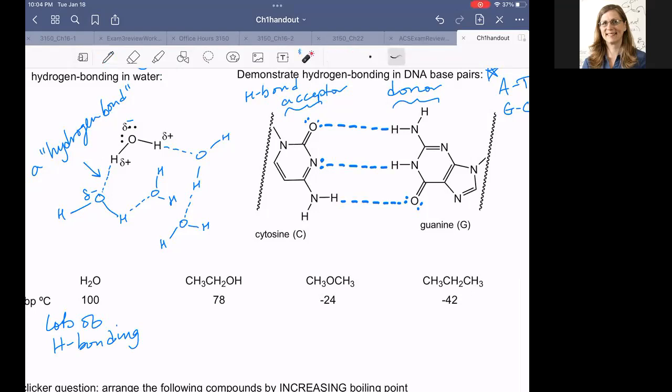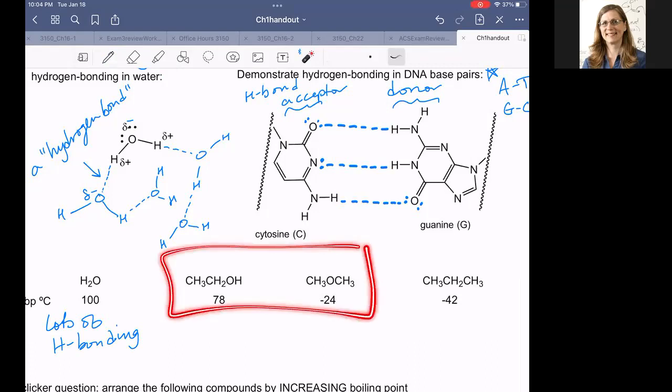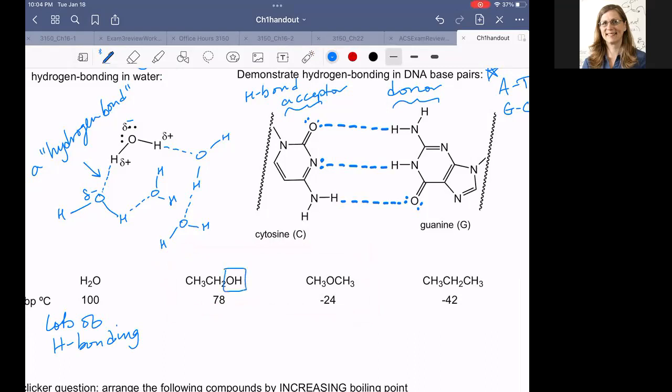But when we compare these next two, they both have oxygens, they both have polar bonds, right? They both are polar molecules, but what's the difference? Why is there such an extreme difference in their boiling points? Because this one has that OH group. This could be a hydrogen bond donor and hydrogen bond acceptor. So this one can form hydrogen bonds, and this one has no hydrogen bonding.